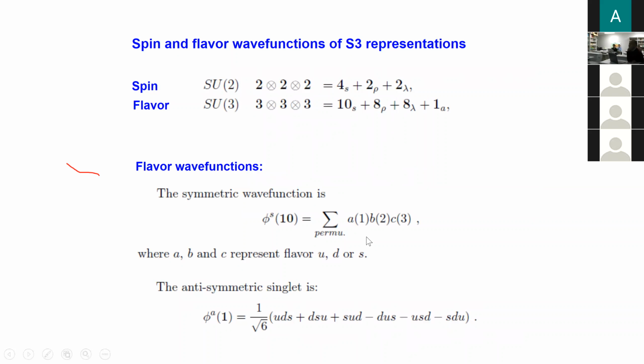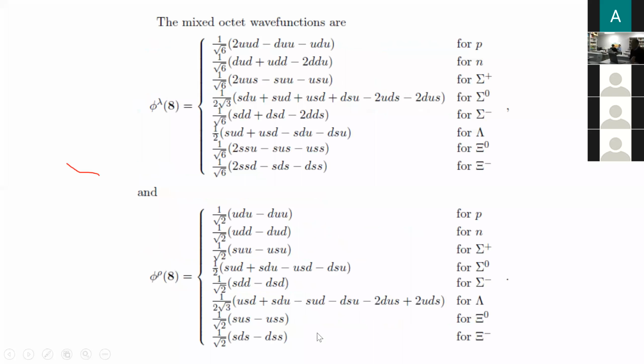And so we can construct the spin and the flavor in a similar way by writing the wave function in terms of the three-dimensional permutation group representation. So the wave functions are actually eigenstates of this permutation group. For the antisymmetric one, by interchanging any two of the quarks, that will give a sign coming out, which can be easily checked.